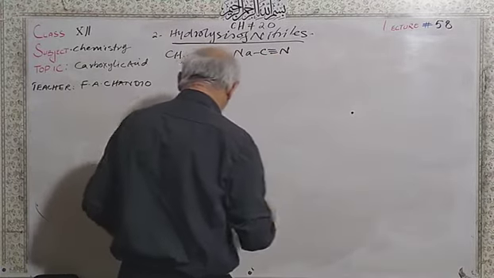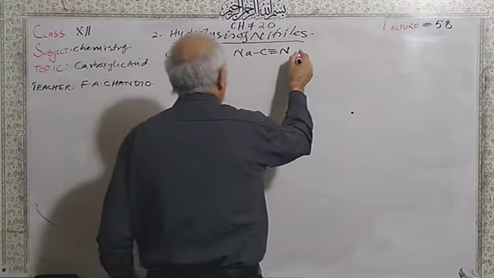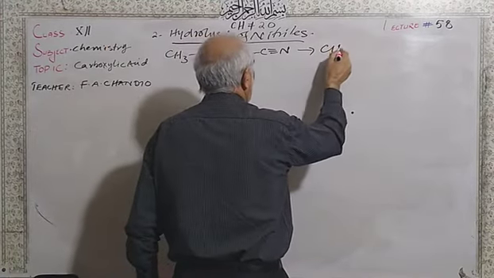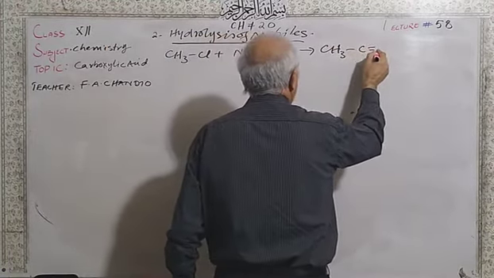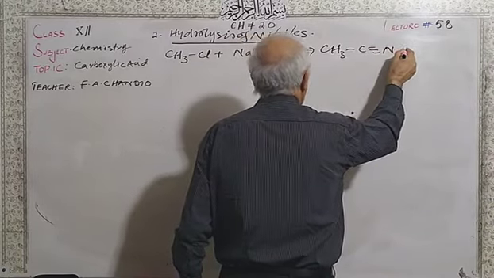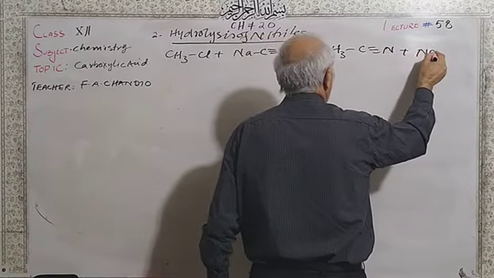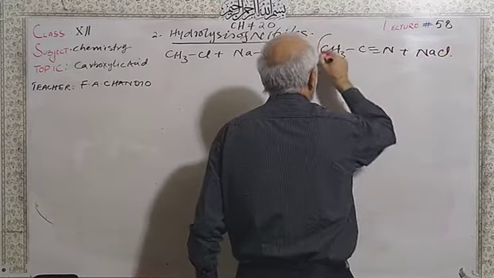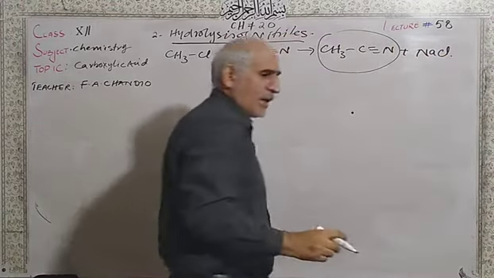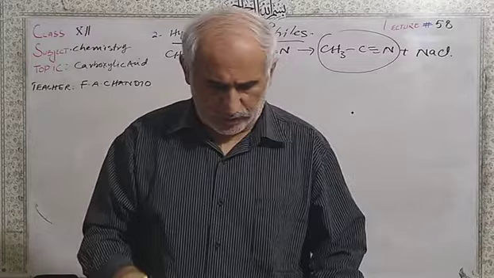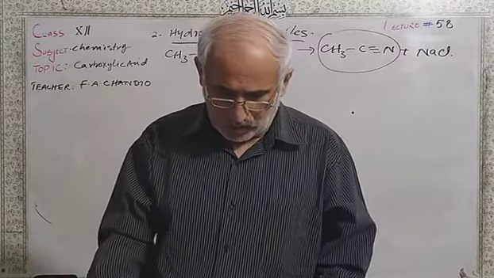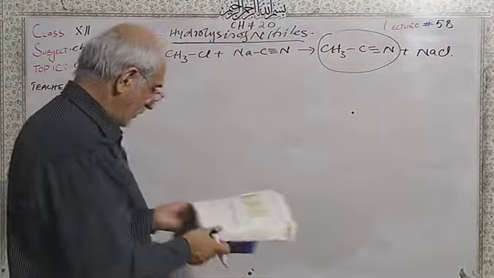Like this one. This is sodium cyanide and you will get a methyl nitrile. So from this alkyl nitrile, methyl nitrile, we are going to prepare the carboxylic acid.